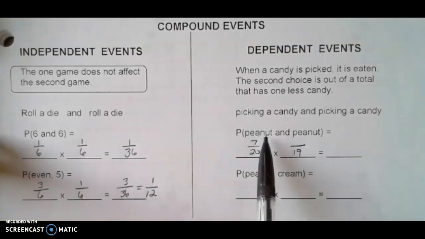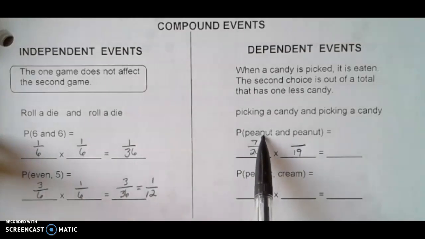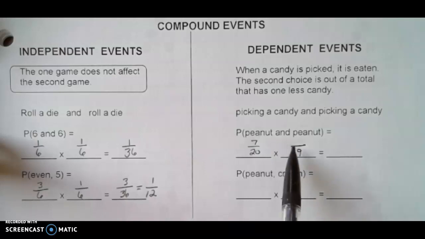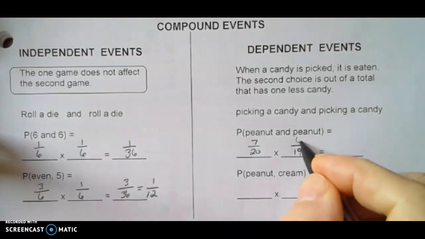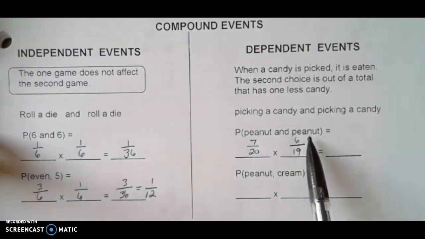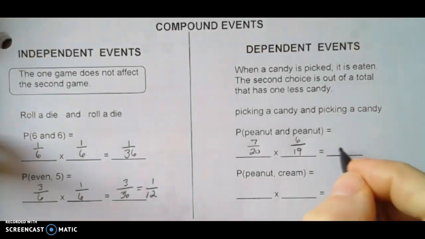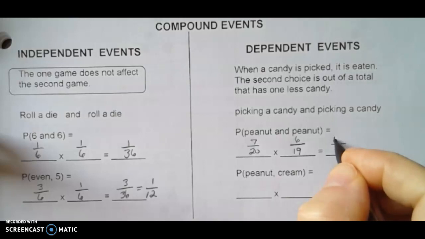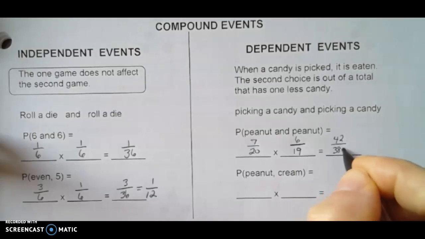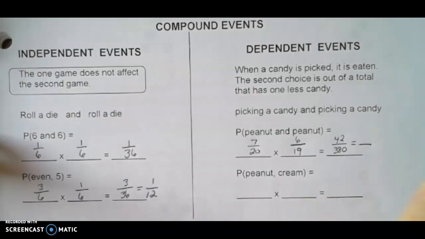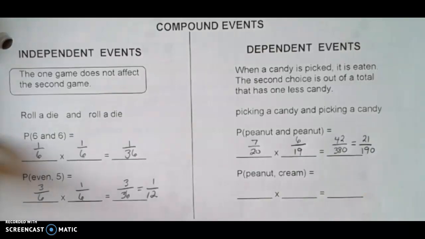And since my first candy was also a peanut candy, I've eaten one of these 7, meaning that there are only 6 left in the box. So the probability of getting a peanut candy the second time is 6 out of 19. I multiply these 2 probabilities together and I get 42 out of 380. And that will simplify down to 21 over 190.